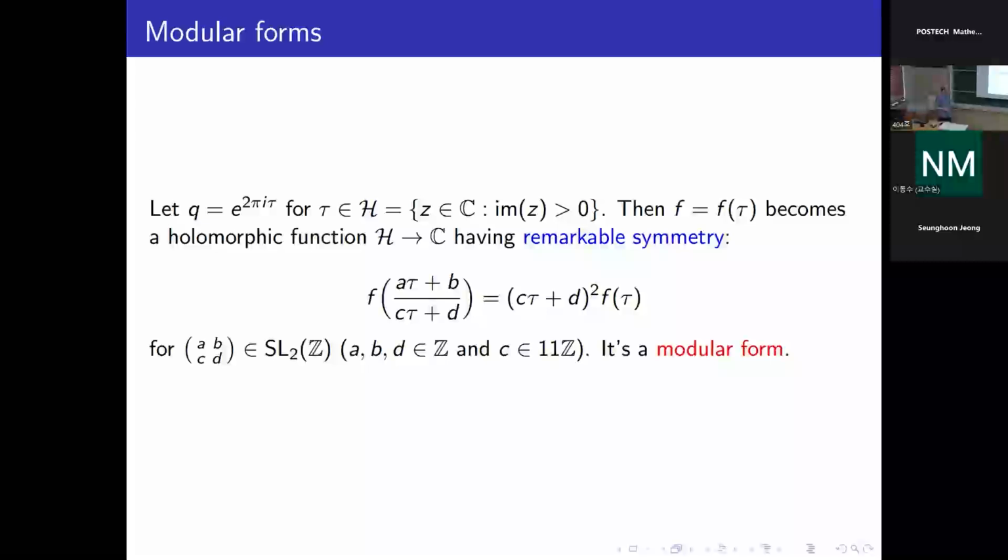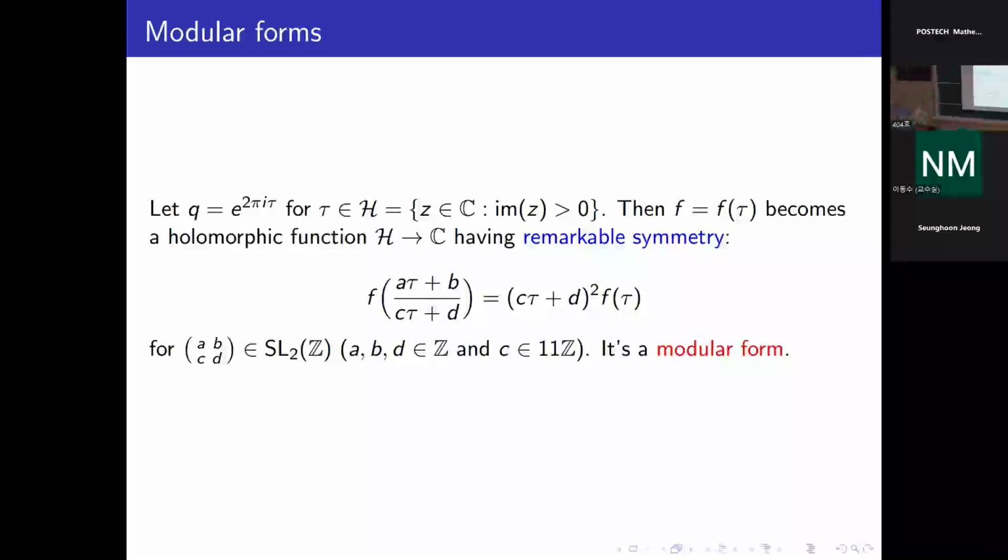But essentially, if you ignore this normalizing factor, we get a function that has very large symmetries by this group SL2(Z) or some finite index subgroup of it. So this is an example of a modular form.